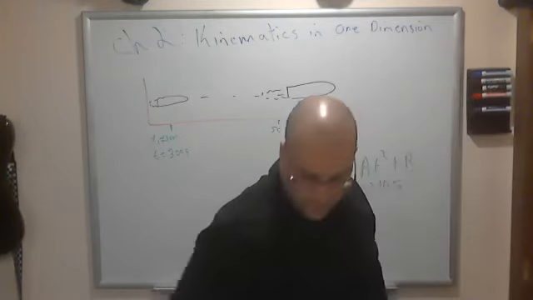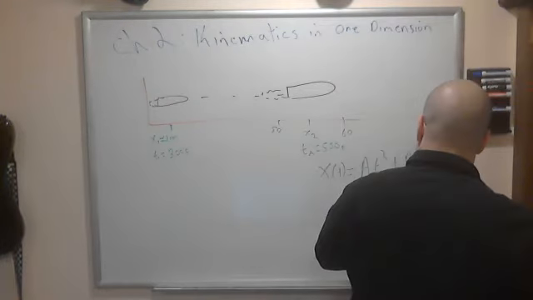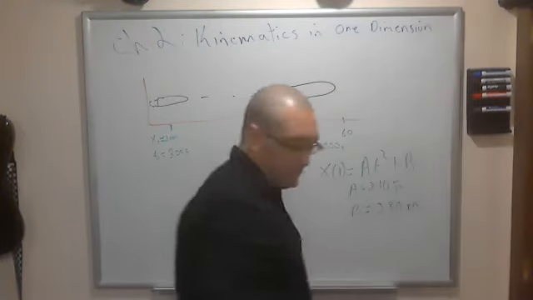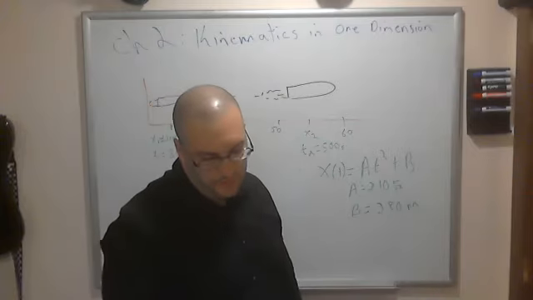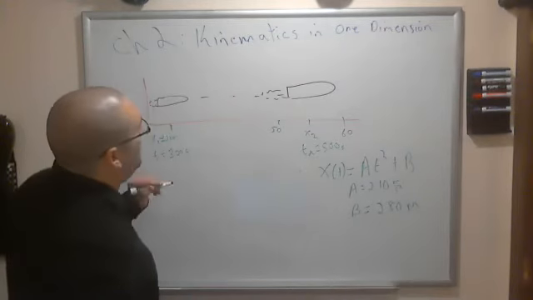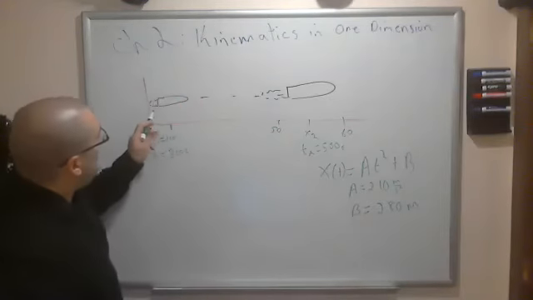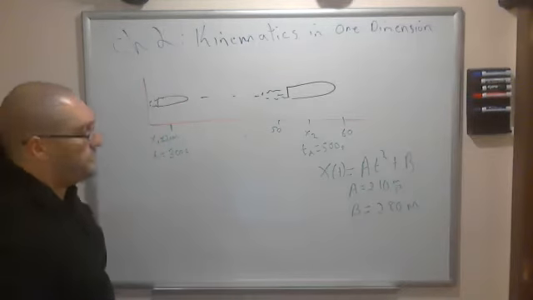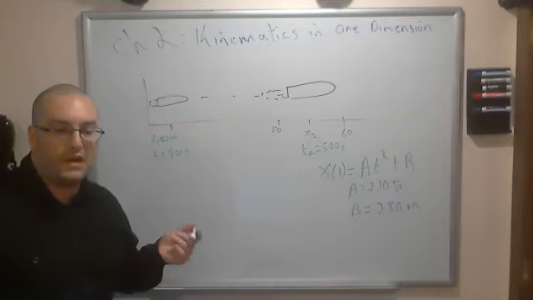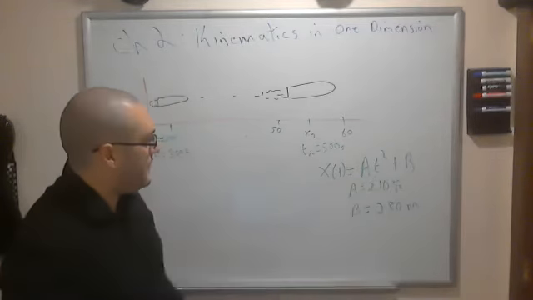B is equal to 2.8 meters. So it starts off at 2.8 meters. And it's important to note here, this rocket is a certain size. So what do we mean by it's at this position?